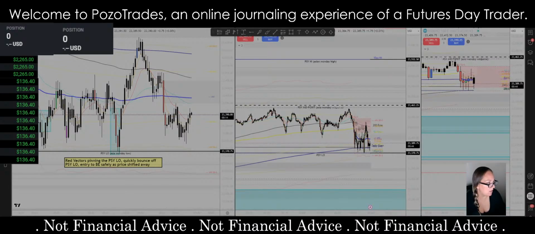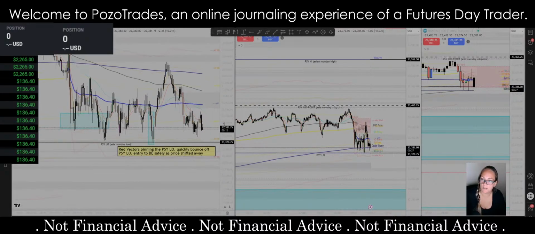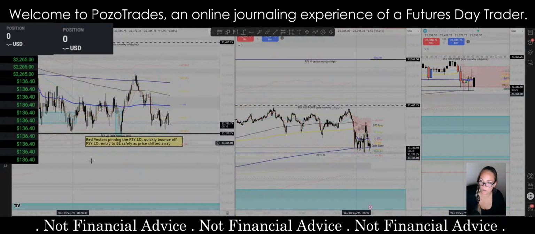They're giving me another entry. But is it really the entry that I want? No, they're going to spike it down. We've basically been, look, we're consolidating, which is great.